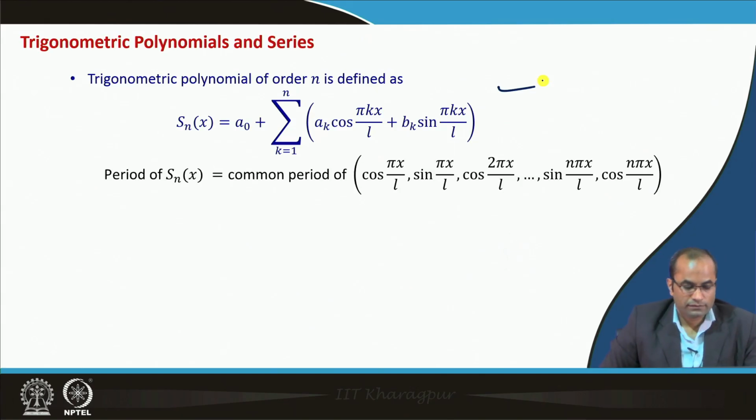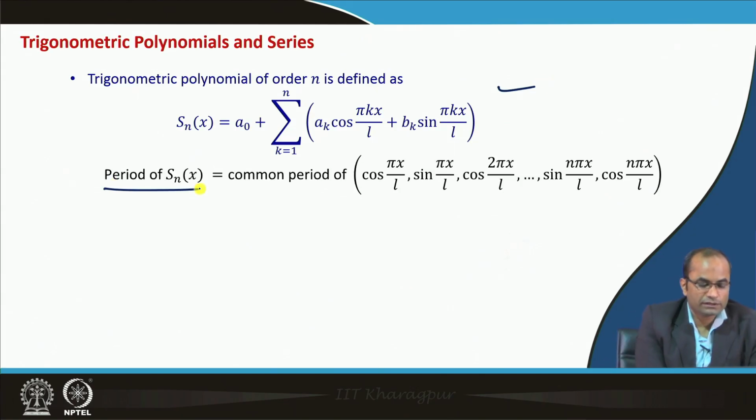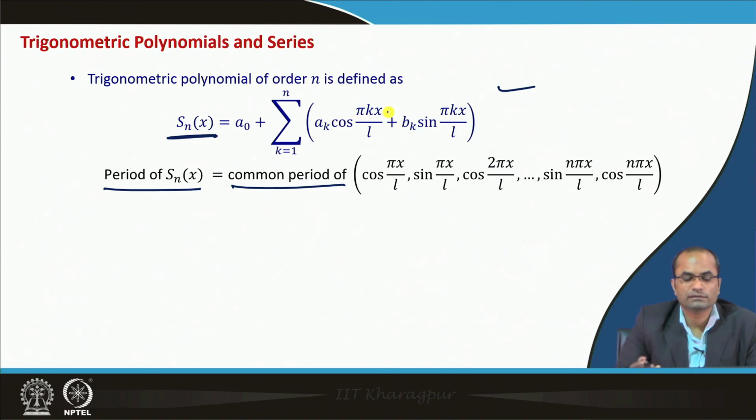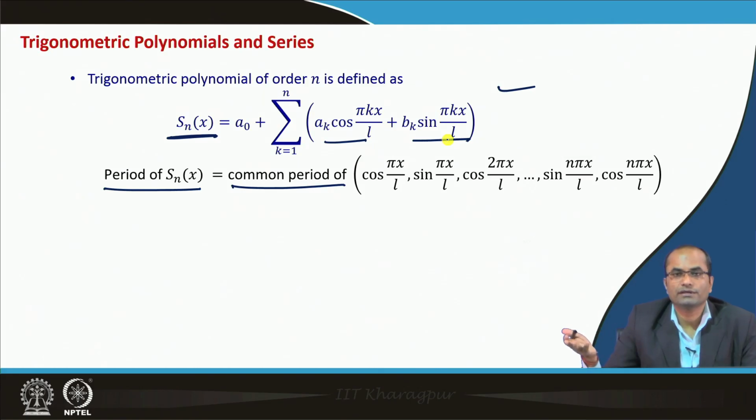The period of this polynomial, which we are denoting s_n(x), will be the common period of all these sine and cosine functions, because here we are adding cosine, sine, cosine, sine functions.